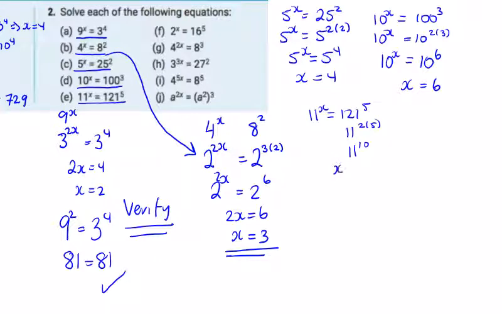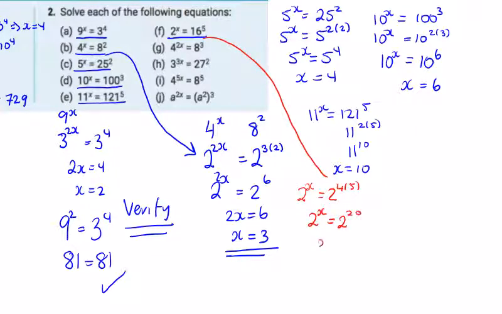So you can see here x equals 10. 2 to the power of x is equal to 16 to the power of 5. Well, 16, I'll change it here. 16 is 2 to the power of 4. If you haven't learned that off by now, you need to, because you can just write them out like this really quickly. 2 to the power of x is equal to 2 to the power of 20. So x is 20.